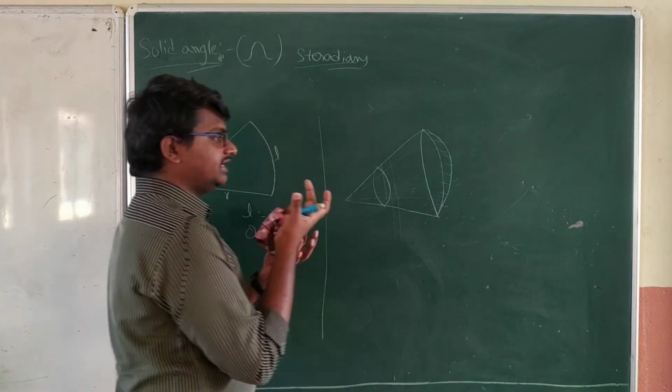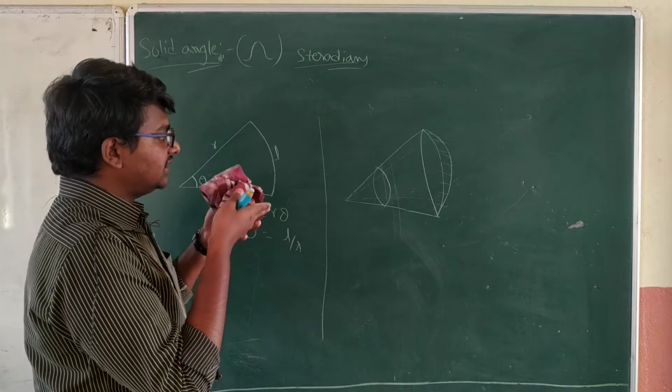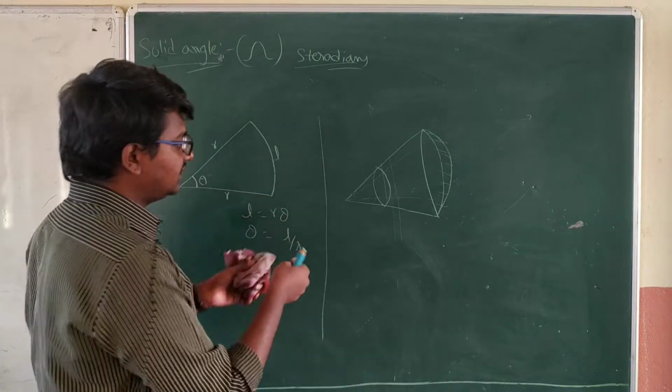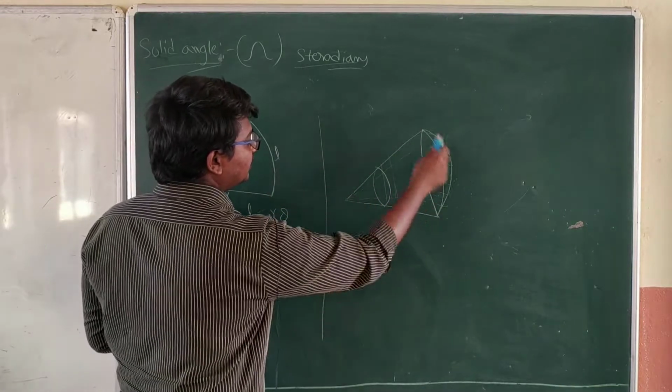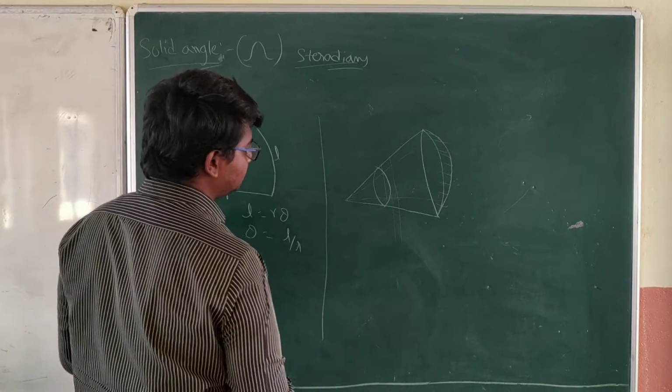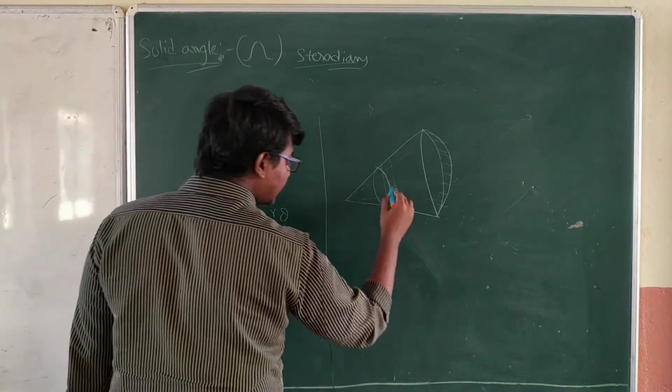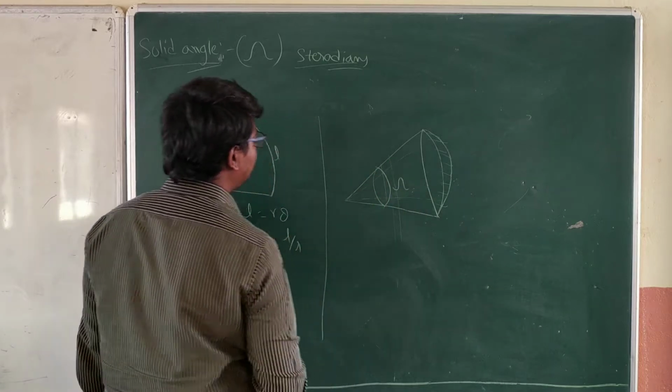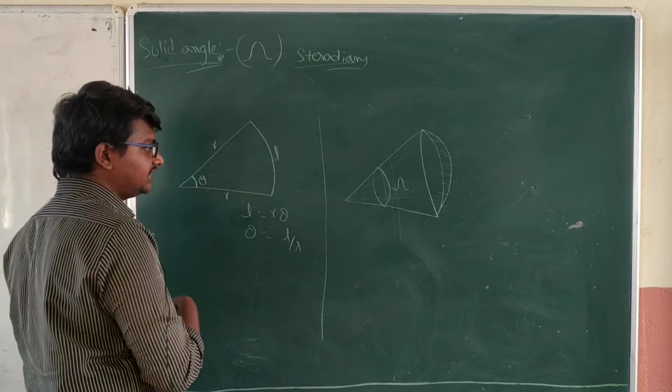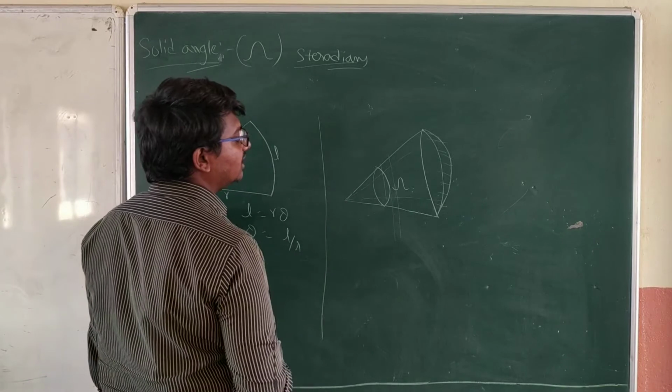If you take any ball and cut it exactly from the center in such a way that it makes a cone-like shape like this, this angle will be called omega. This angle is the normal angle theta, and this angle is omega.